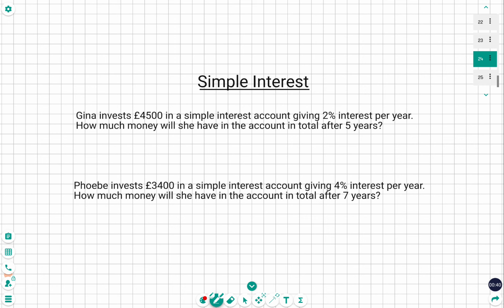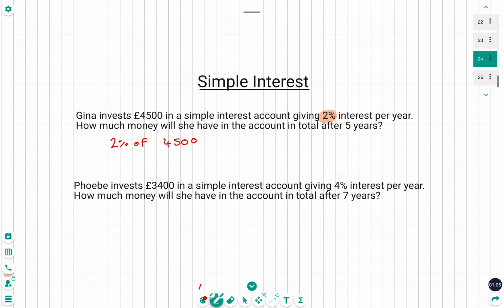Okay, so first thing I'm going to do for this question, I need to find out 2% of Gina's amount of money, because we can see that she's got simple interest giving 2% interest per year. So that's what I'm going to deal with first. I'll deal with the 5 years in a moment. So I've got to find out 2% of 4,500.